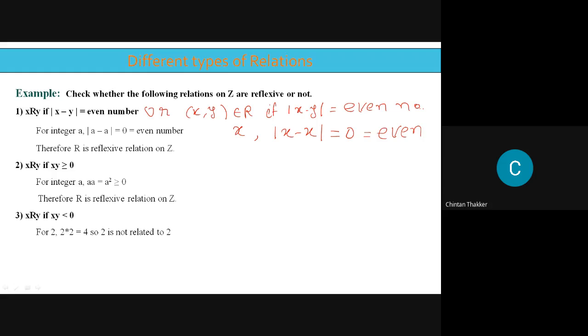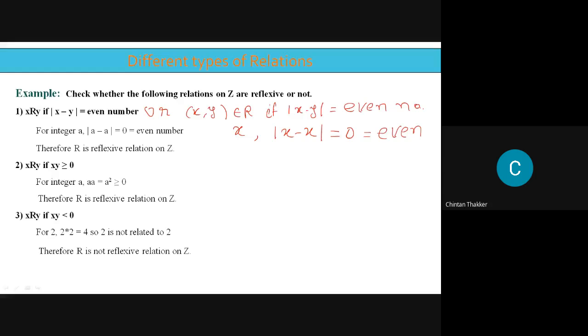We take 2. Now 2 into 2 is 4, and 4 is greater than 0. So that means 2 is not related to 2. Therefore, R is not reflexive. Whenever you want to prove that a given relation is reflexive, you have to use an arbitrary element.